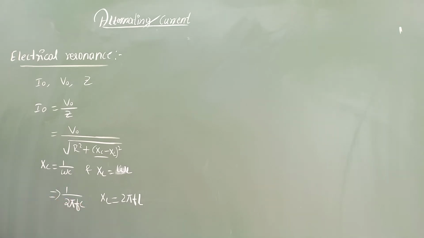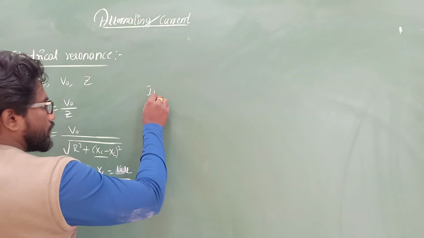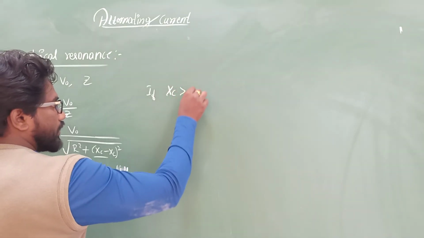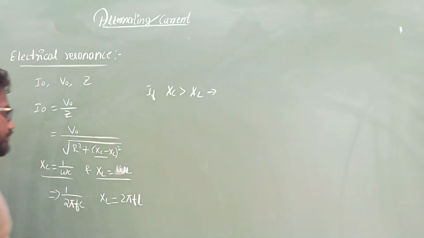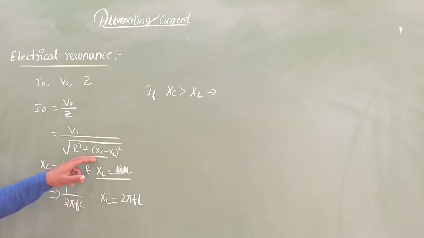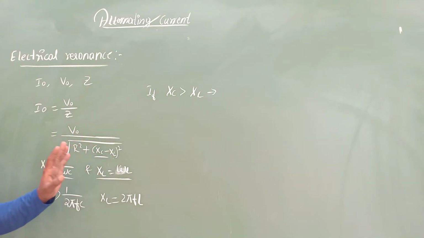So what happens if XC is greater than XL? Just look at this diagram. If XC is greater than XL, this value is greater than this value, so the value you get here is positive. Adding that, obviously the value you get in the denominator is more.